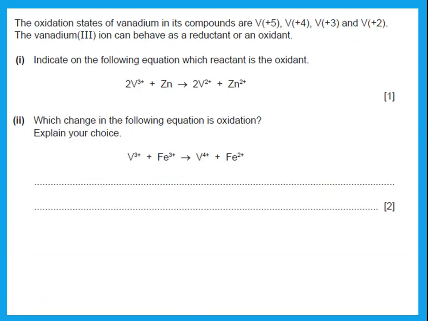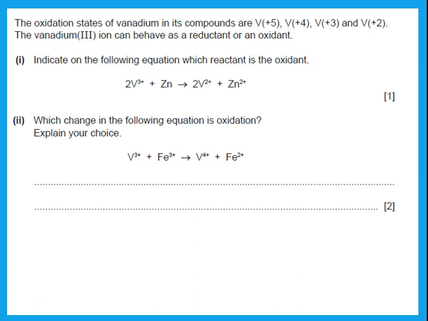Oxidation states of vanadium, and he says indicate on the following equation which reactant is the oxidant. Oxidant means oxidizing agent. The oxidizing agent is the one that has been reduced, so we're finding out which one has been reduced. When you're choosing oxidizing agent or reducing agent, you're choosing one of the reactants. So your answer is either V3+ or Zn.